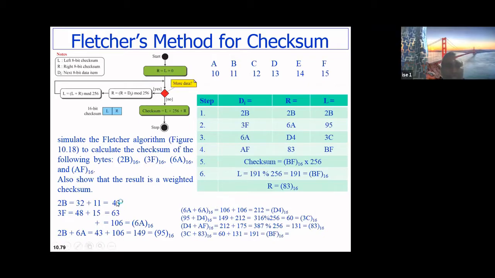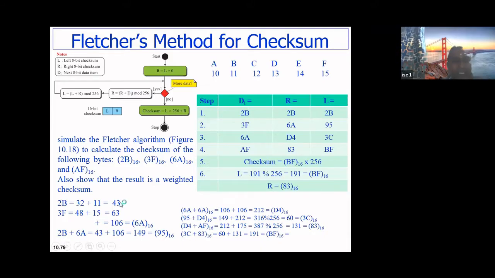So now this 43 mod 256. You got the idea? Since 43 is less than 256, I'll be getting 43 only.